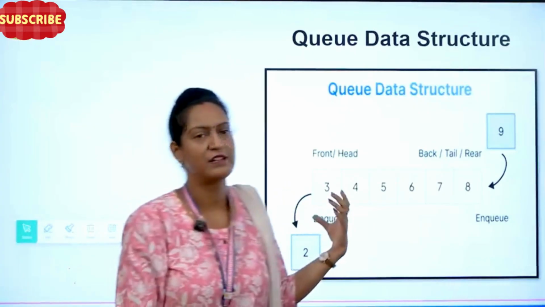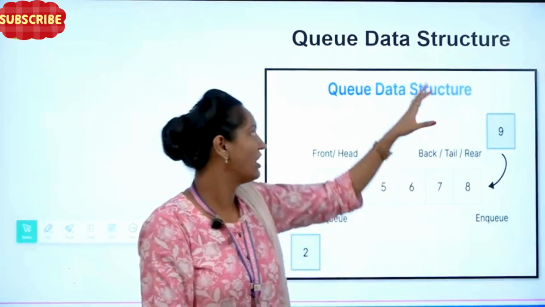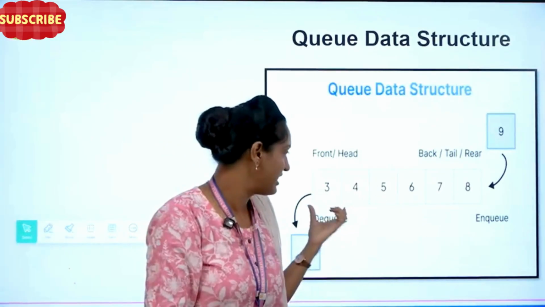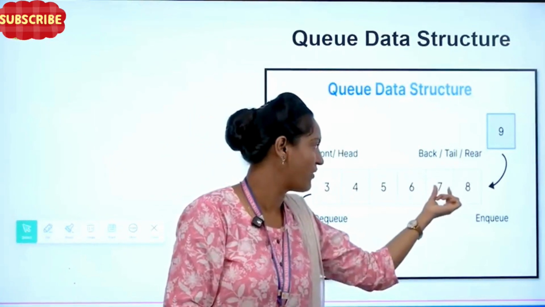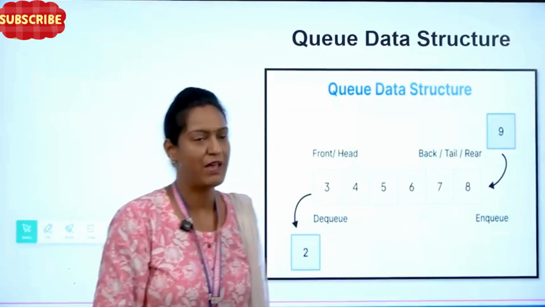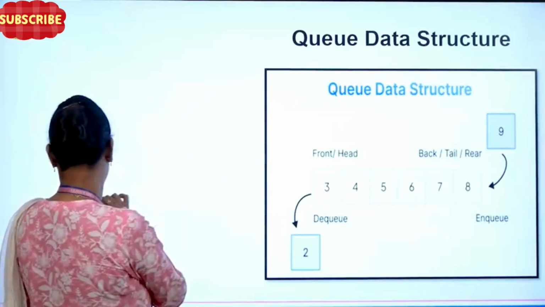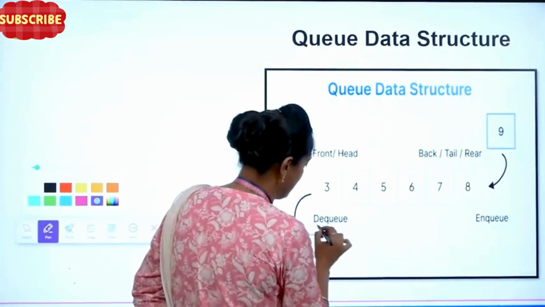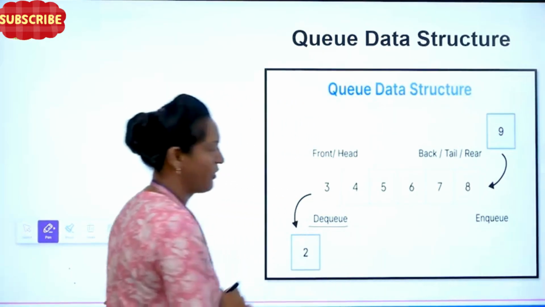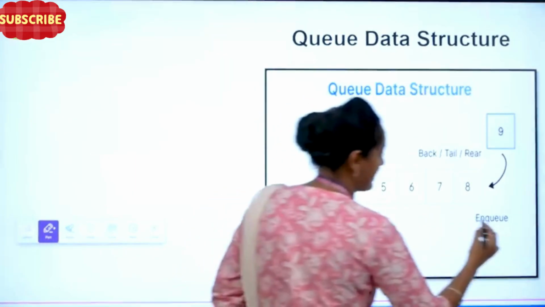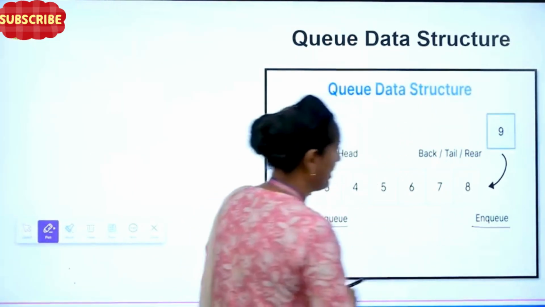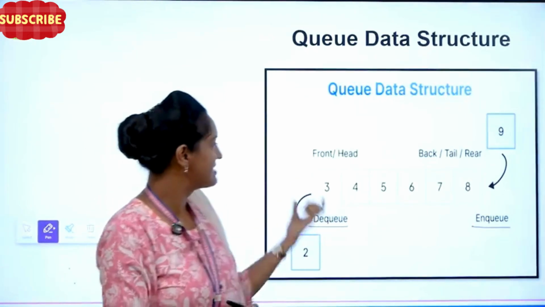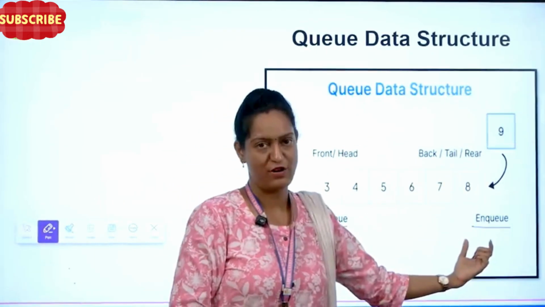So here is a technical representation of a queue data structure, how it looks. Here I have 1, 2, 3, 4, 5, 6 elements in my queue, and here 2 operations are there. One is Dequeue, the second one is Enqueue. You can see in the slide that we have some basic terminologies.